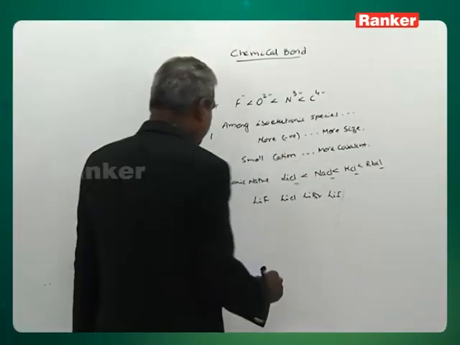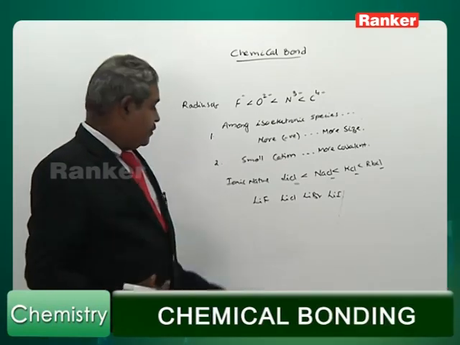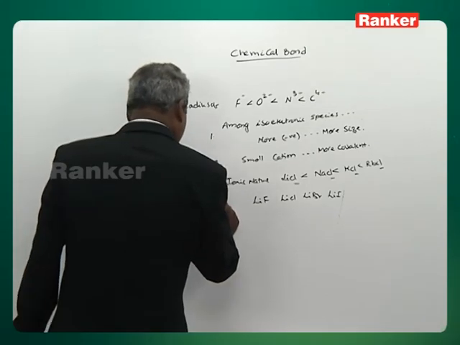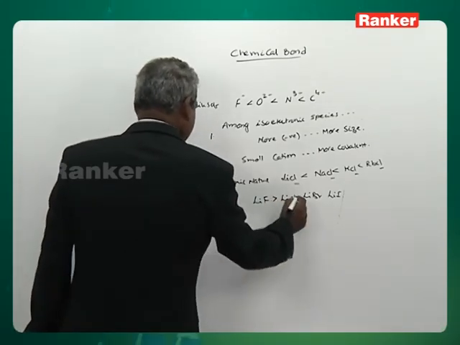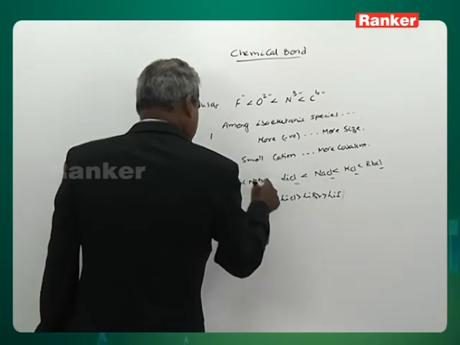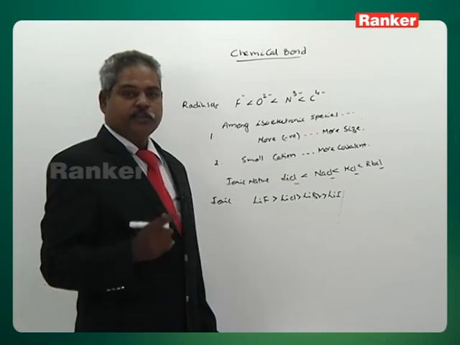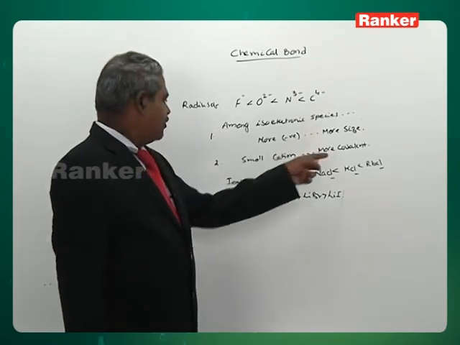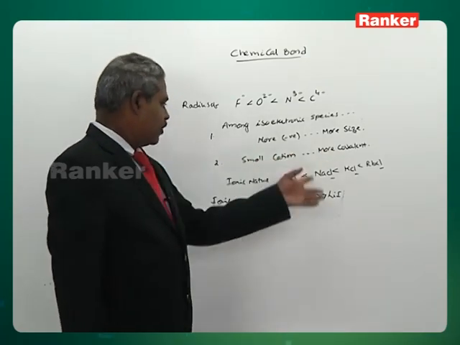Lithium, being small, also wants to take the electrons back, but F minus doesn't give them easily. Therefore, ionic nature here: fluorides are more ionic than chlorides, because small anion, more ionic. Small cation, more covalent; small anion, more ionic. Therefore, F minus is more ionic.